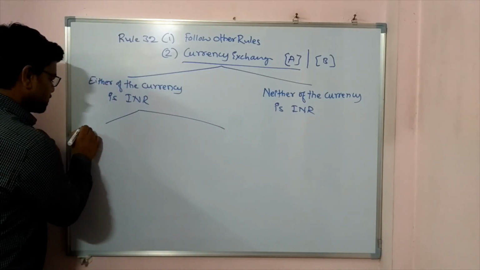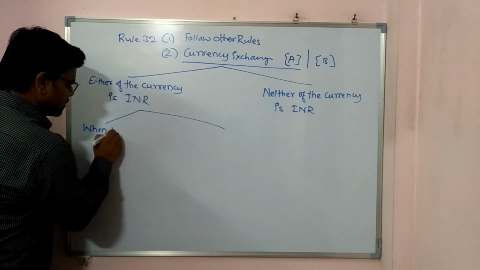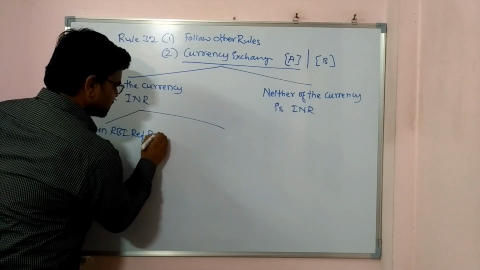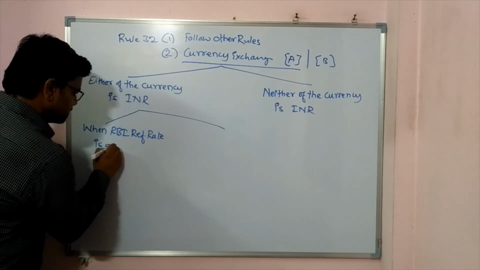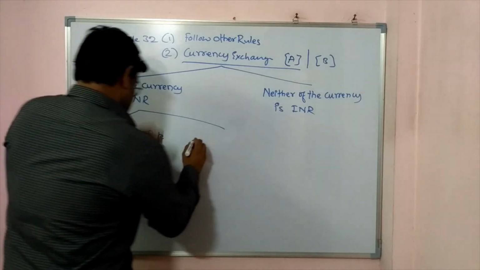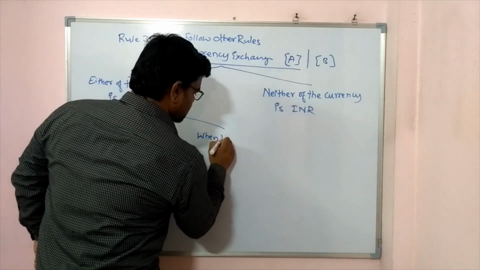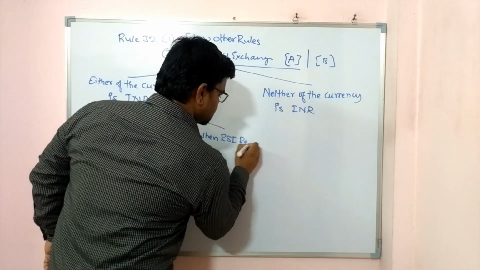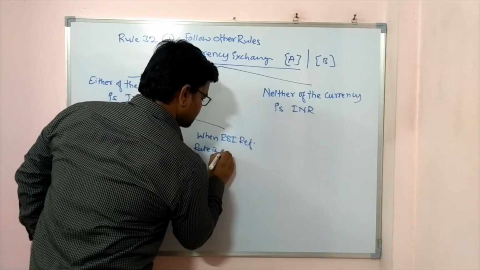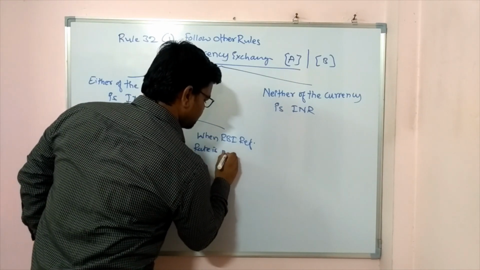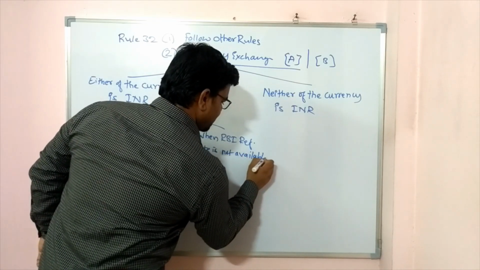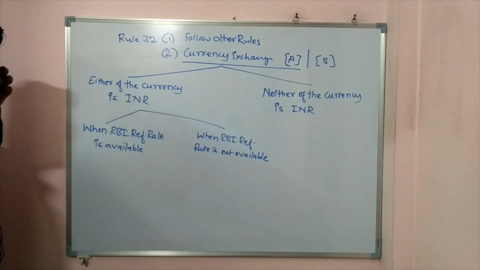Classification 1 says when RBI reference rate is available. And the other says when RBI reference rate is unavailable, or I will write not available. How do you calculate value in these cases?